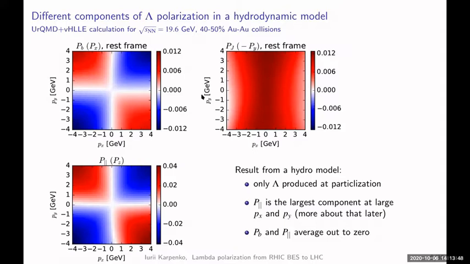There is a component so-called PB, which is directed along the impact parameter, and P longitudinal, or PZ, which is directed along the beam.